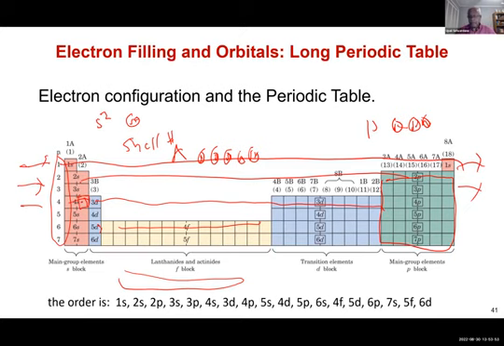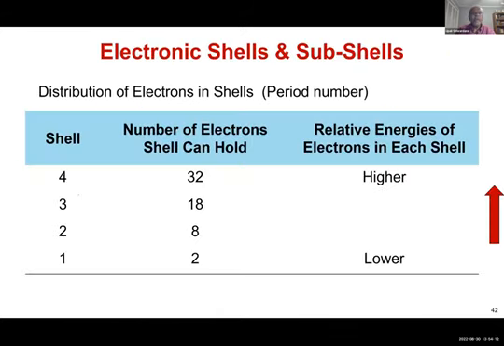Okay, the electronic configuration is obtained by looking at different electronic shapes or atomic orbitals in the periodic table. The maximum number of electrons in the first shell is, there's only one S, is 2.